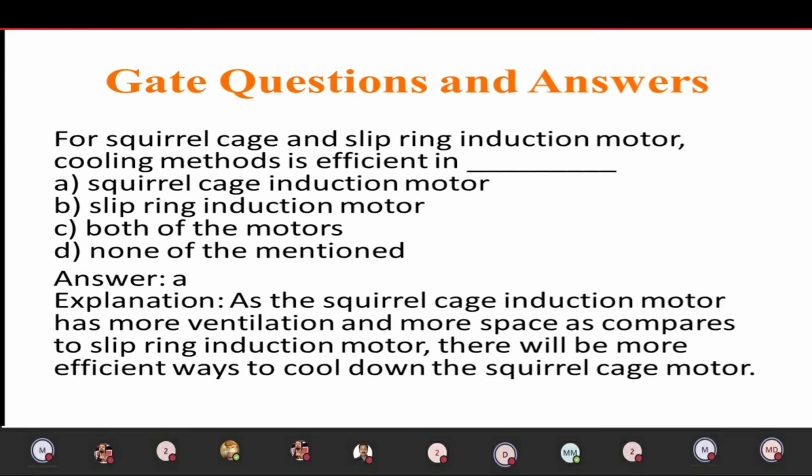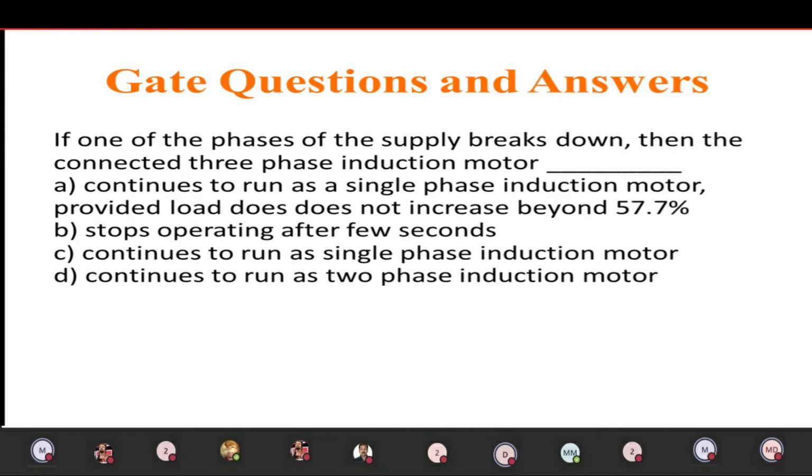So we can add external resistance to control the machine. Due to that, it is mechanically weak when compared to the squirrel cage induction motor. So cooling provision also we can easily provide in the squirrel cage motor.